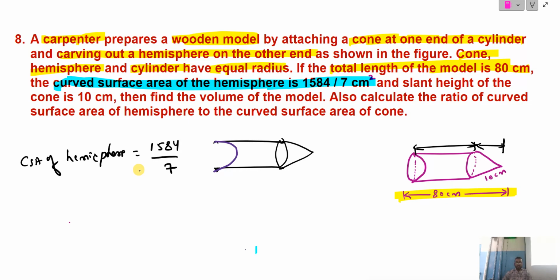And they have also given the slant height of the cone. Slant height is L, and the value of L is 10 centimeter.